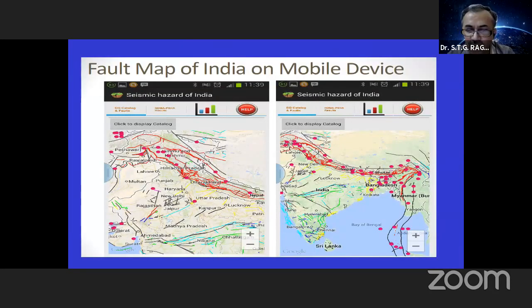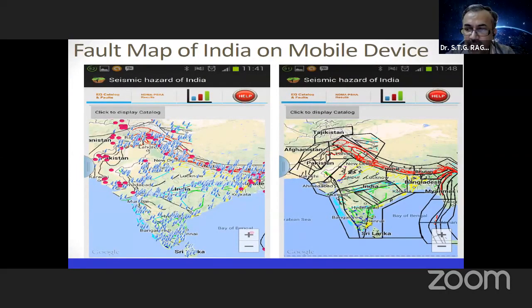If you click on any fault, it tells you what type of fault it is, what the name of the fault is, and all the geological details you can get from this app with just your finger touch. We have given an indicator also, and you can see the seismic zones also. There are 32 seismic zones. This app plots everything, and this opens in your Google Maps.